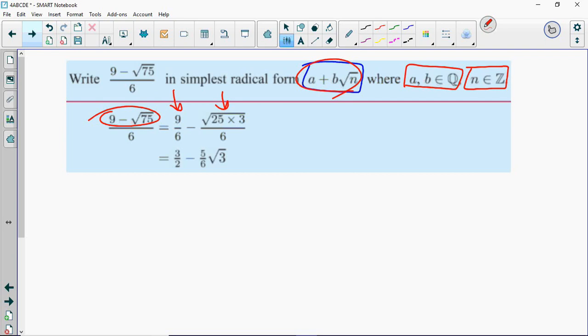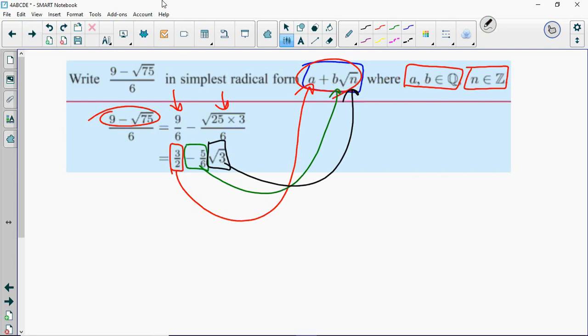So 9 over 6 simplifies to 3 over 2. That's our a value. And then the square root of 25 we said was 5, so we have 5 over 6 times the square root of 3. Negative 5 over 6 will be our b value, and 3 would be the value of n. And we see that our a and b are rational, and our n is indeed an integer.